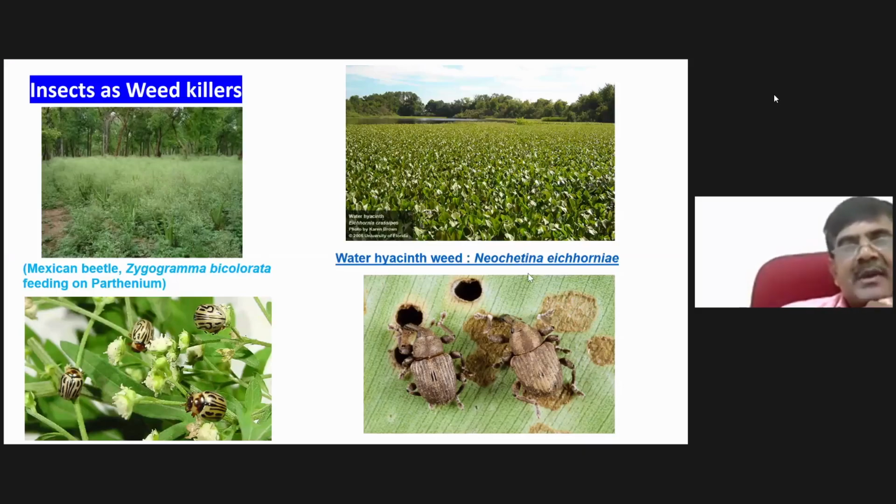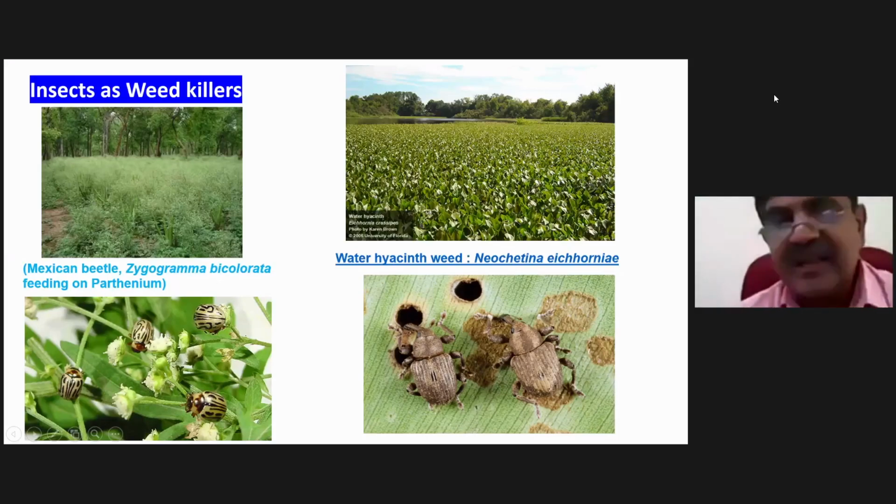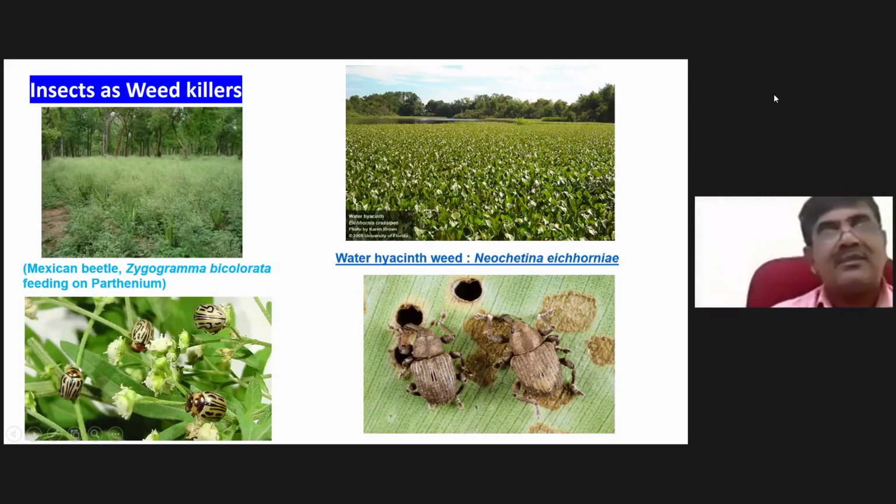These aquatic plants can be controlled by using weevils called Neochetina eichhorniae. Neochetina beetles can be used for biological control of this water hyacinth weed. In this way, insects can be exploited for biological control of weeds.